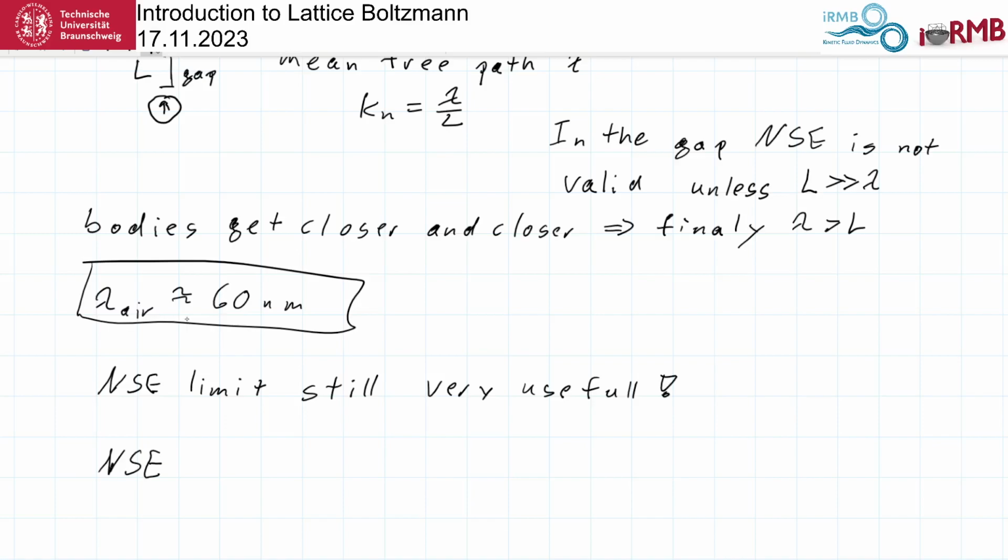The Boltzmann equation is a 7-dimensional equation, where we have not only time and space as independent variables, but also the velocities as independent variables. In the Navier-Stokes equation, velocity is a dependent variable.